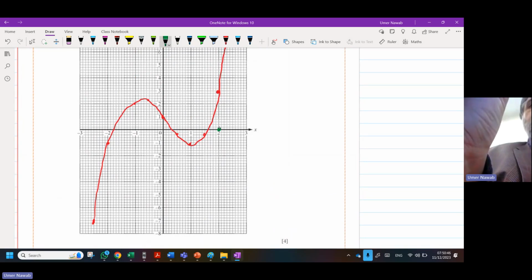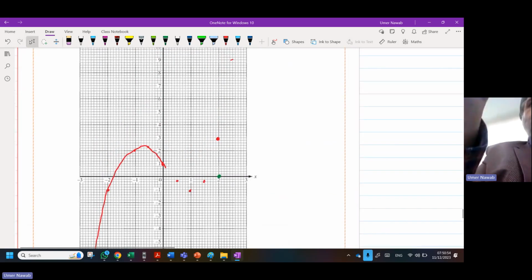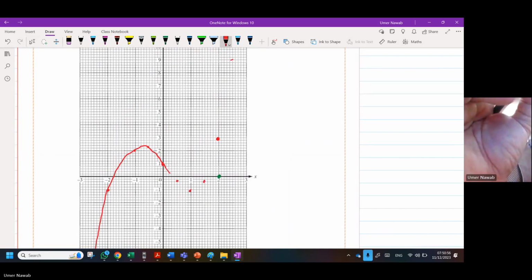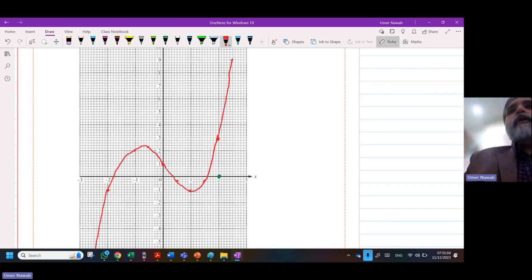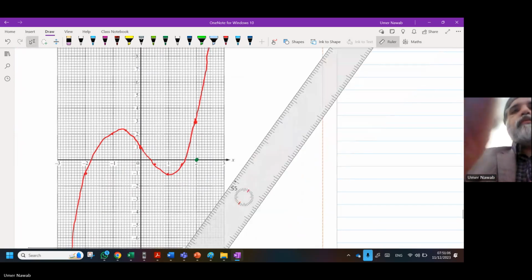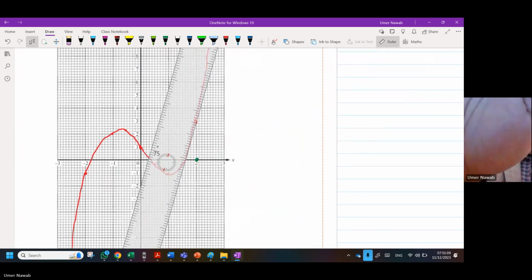This is x is equal to 2. Go up to the curve. I think I need to erase this one and draw it again because it's not very accurate. Now I think it's better to draw x is equal to 2.